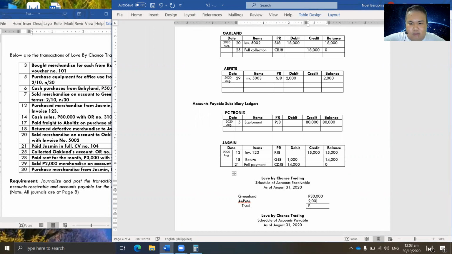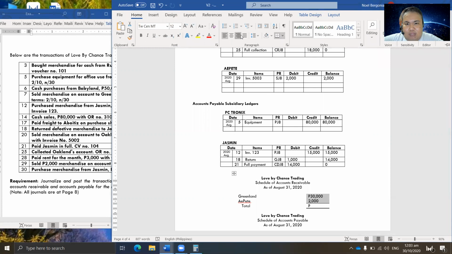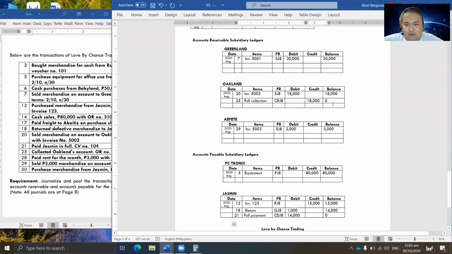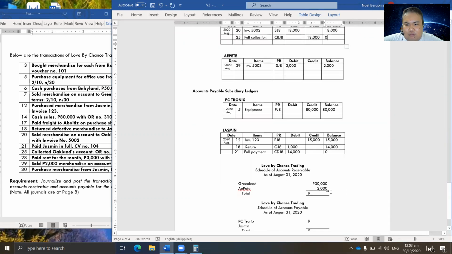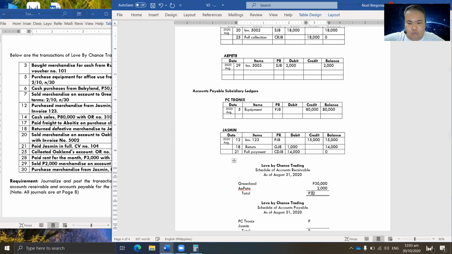So we have a total for our accounts receivable. Si Oakland, wala na tayong pautang kay Oakland kasi na zero na po yung balance. So we have a total of 32,000. Okay, 32,000 po yung ating accounts receivable.